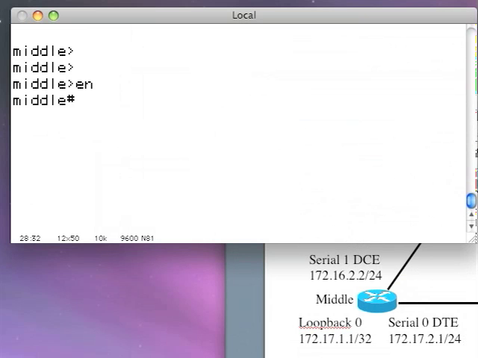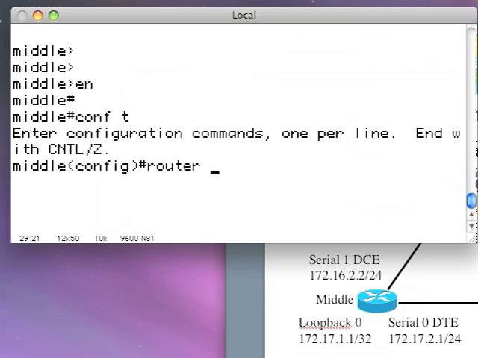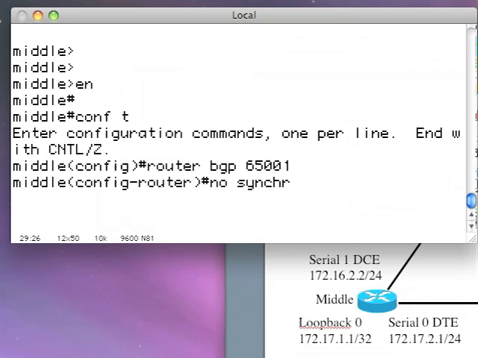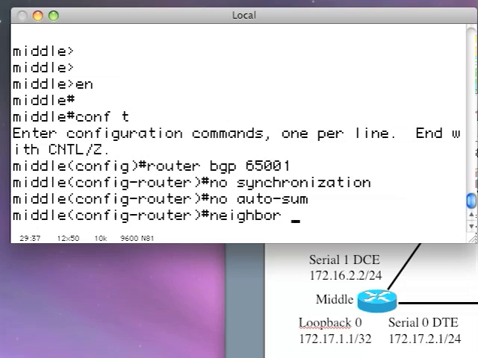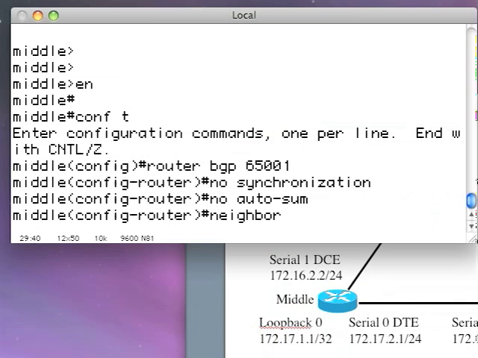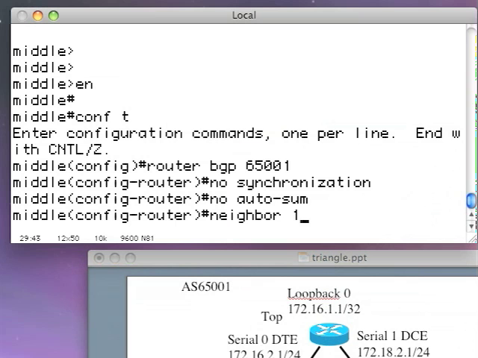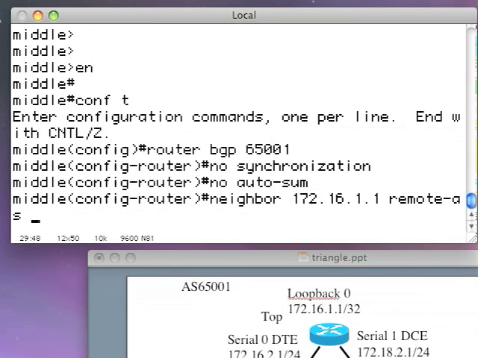So here we are on the middle router. Conf t, router BGP 65001, no synchronization, no auto-summary, and then neighbor 172.16.1.1 remote-AS 65001.